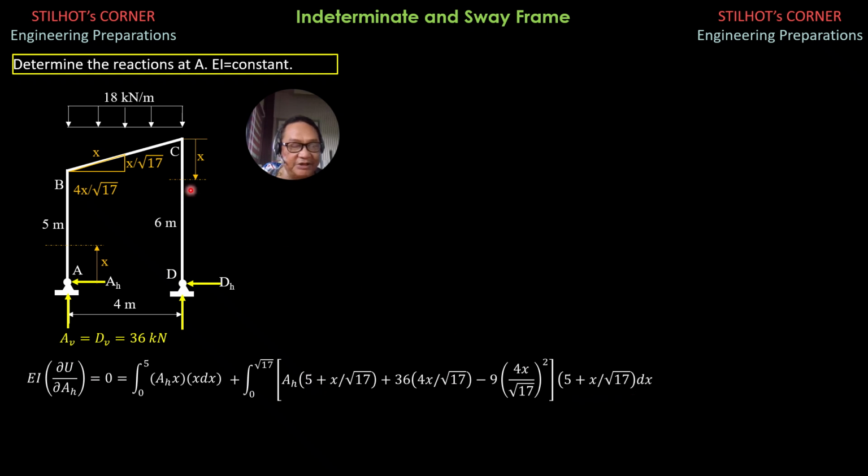Then at the last section, we have integral of quantity AH times 6 minus x plus 36 times 4 minus 18 times 4 times 2 times quantity 6 minus x dx. Notice that 36 times 4 minus 36 times 4 is 0.